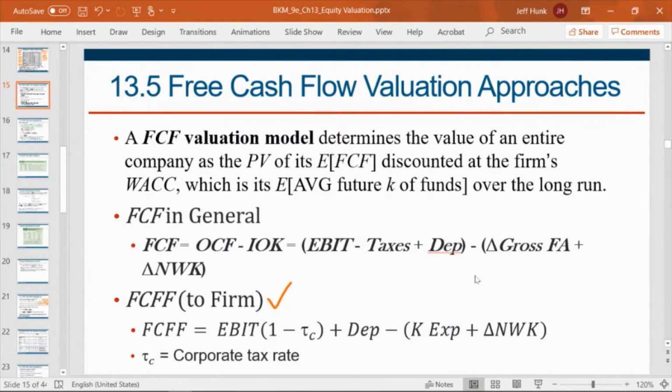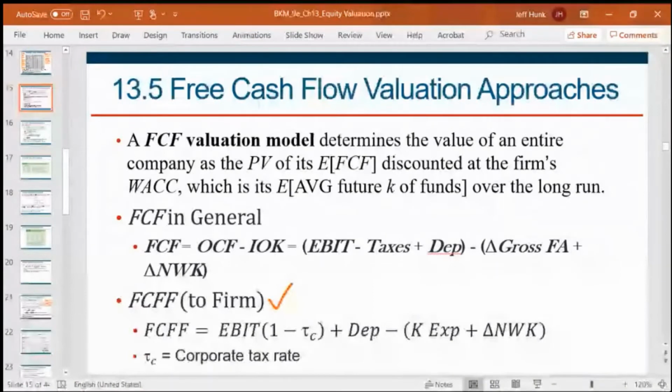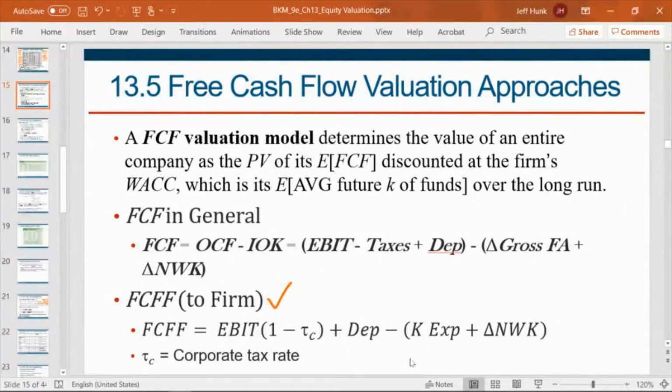The model breaks down if you're dealing with a company that doesn't pay any dividend. So how do you get around that kind of problem? Well, of course, that's why we use the free cash flow model instead of dividend.